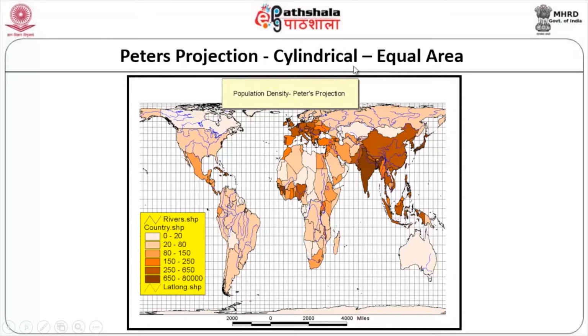It is called the Peters projection, cylindrical equal area. The entire area will be there and it will be represented like this. This will be your shape file representing your line data, lat long, and the reverse also will be shown like this in blue color, and each and every country is depicted with the population data, maybe in millions, 0 to 20, 20 to 30 and so on to 80 and so forth.